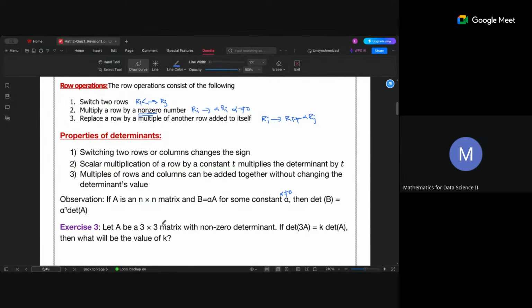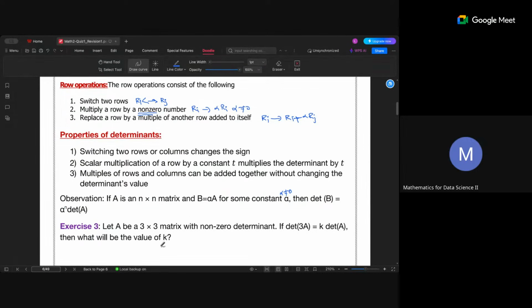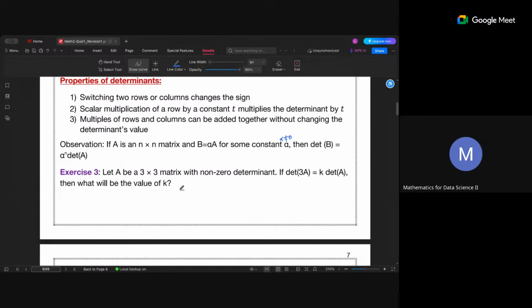Now, how can you use this condition for this problem? Determinant of 3A should be 3 power 3 into determinant of A. So this means K should be 27.